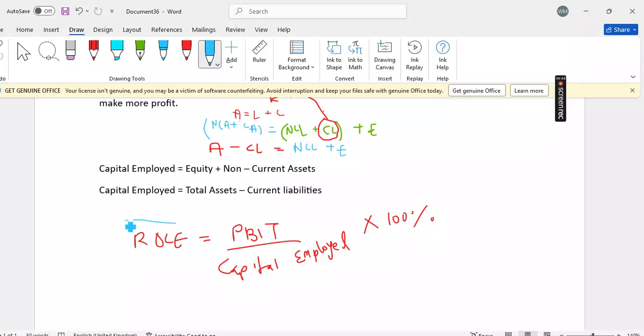If we look at the relationship between the return on capital employed and the operating profit, which is profit before interest and taxes, if we hold it constant, the return on capital employed and the capital employed are going to have an inverse relationship, meaning the more capital you put into the business, your returns are going to start dropping for that capital.